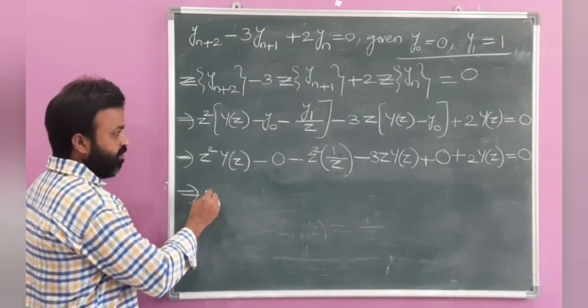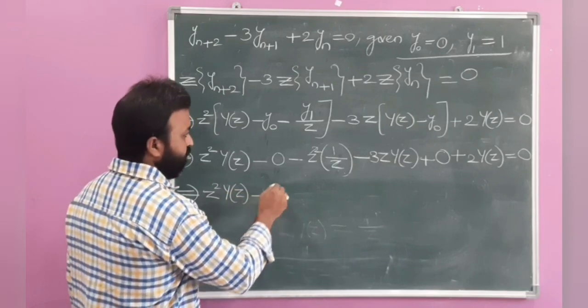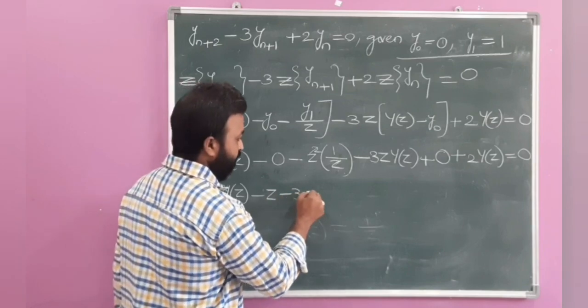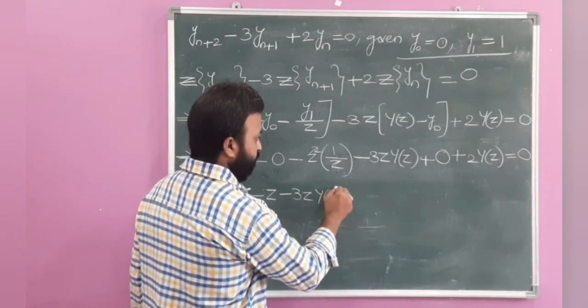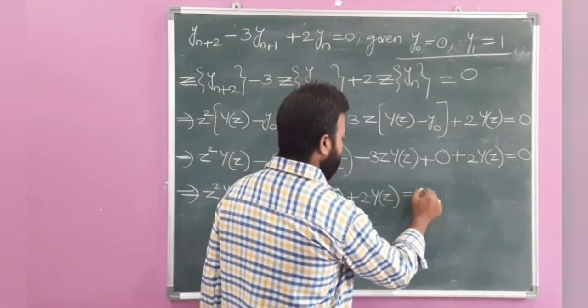Which implies z square into Y(z) minus z square by z, that is z, minus 3z into Y(z) plus 2 into Y(z) equal to 0.